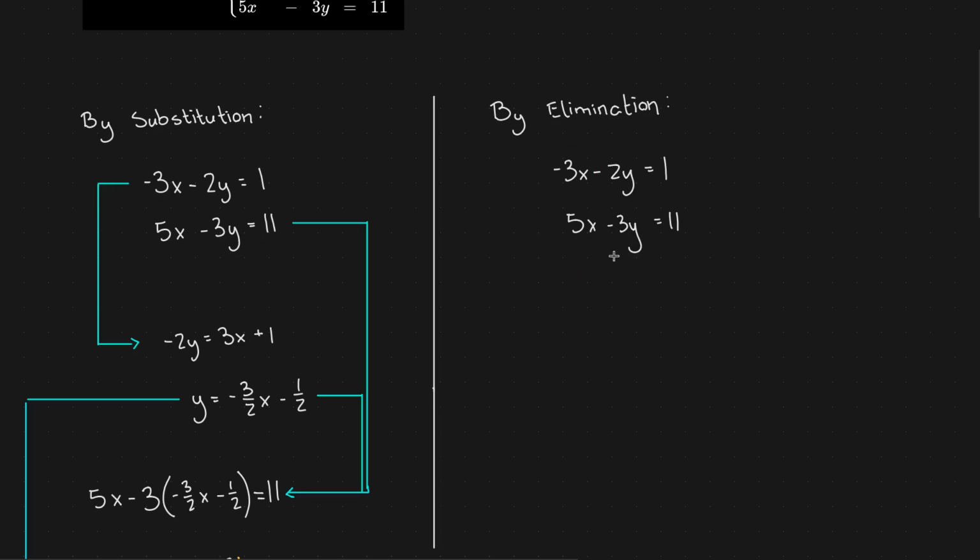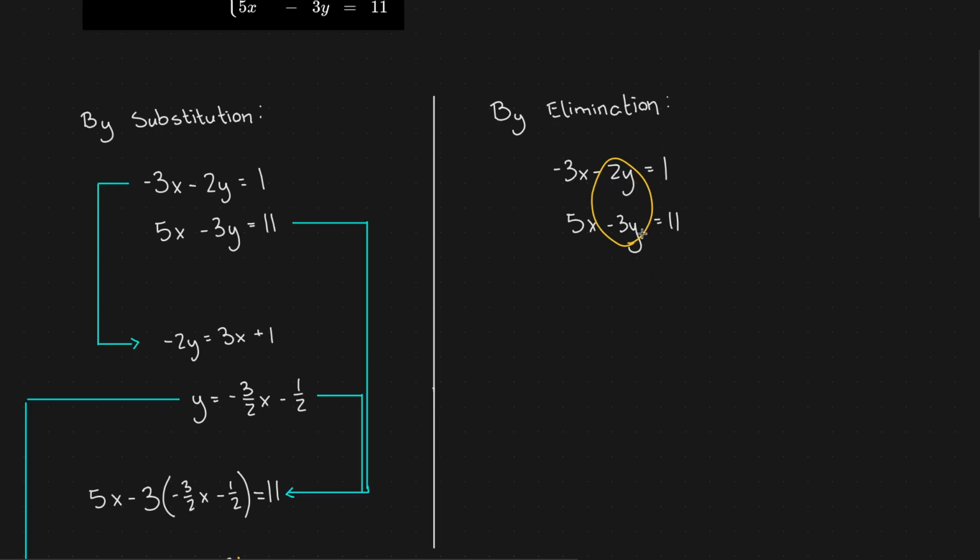Okay, so what I'm going to do, I need to get the coefficient in front of these y terms to be the same number, but with the opposite sign. That way, when I add them together after I'm done, I'll get 0. They will eliminate. Okay, the smallest number that I could get both of these to is 6, right?